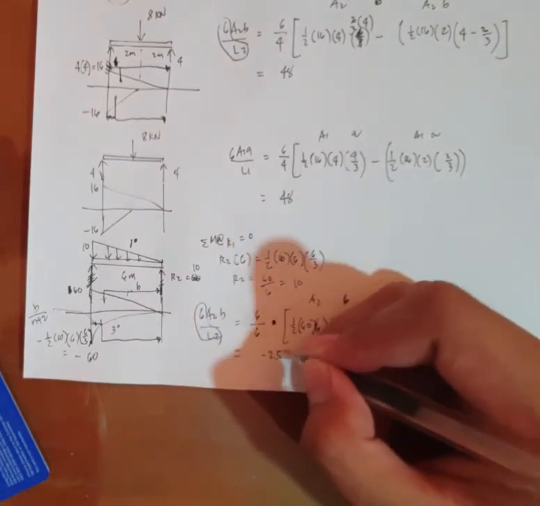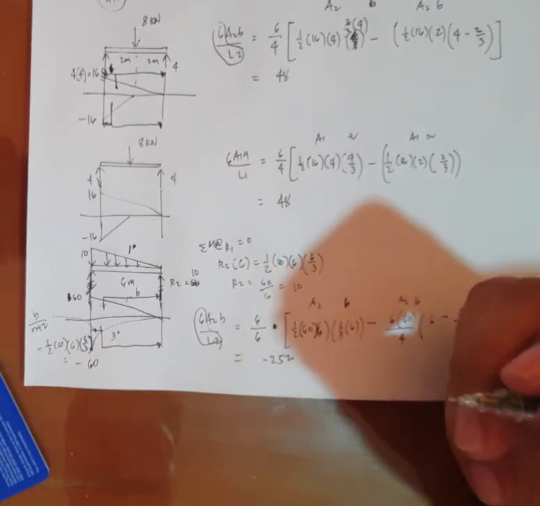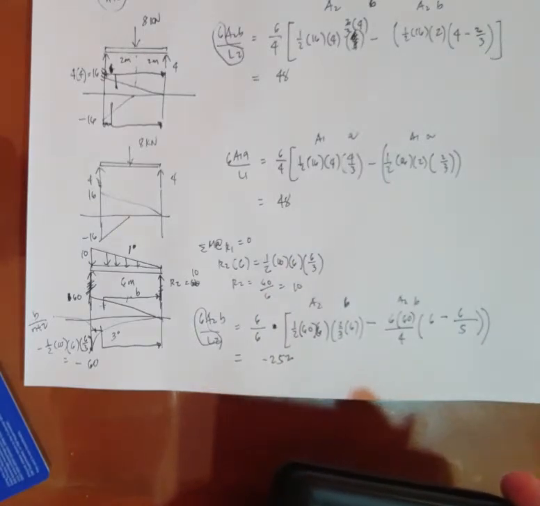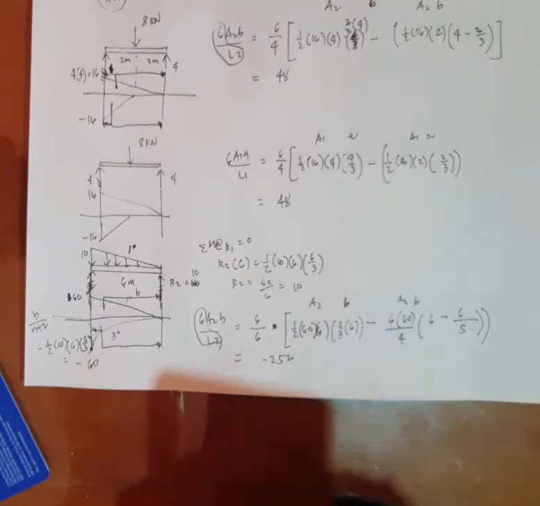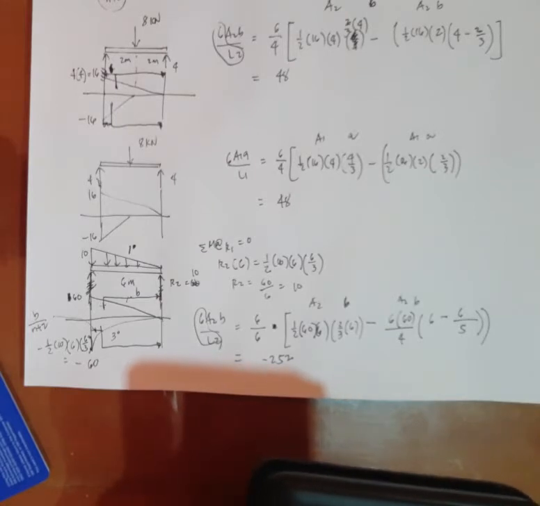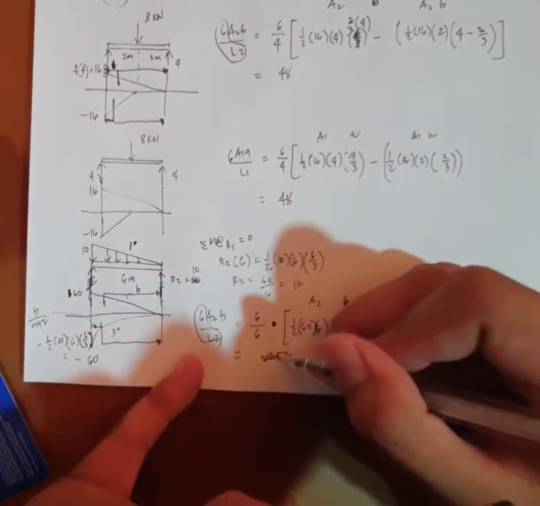Negative 252. Okay, natay kulang diri. Kulang ang tao 2/3 sa 6. Positive 288.